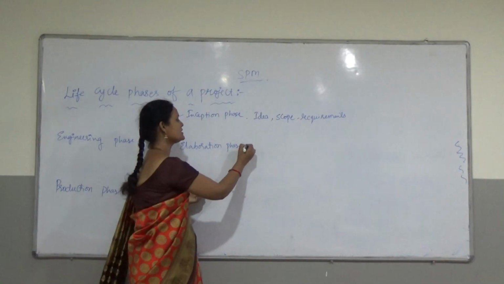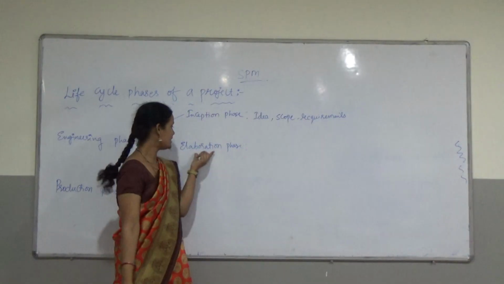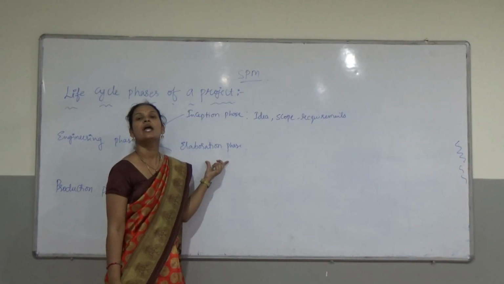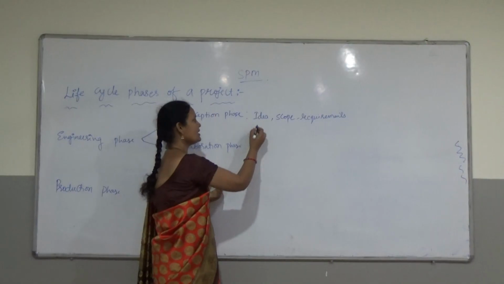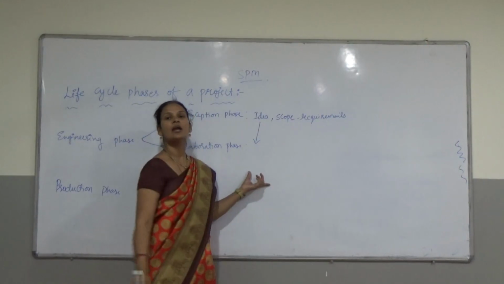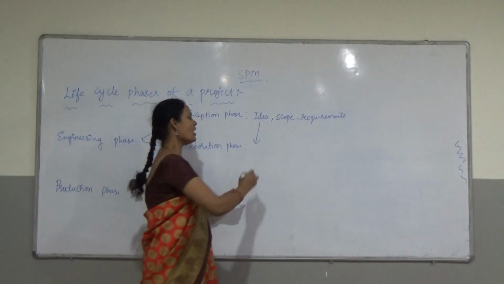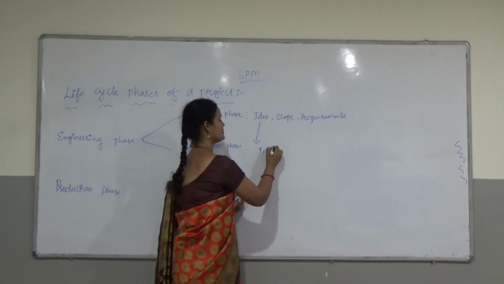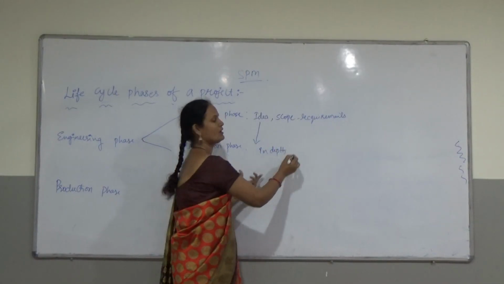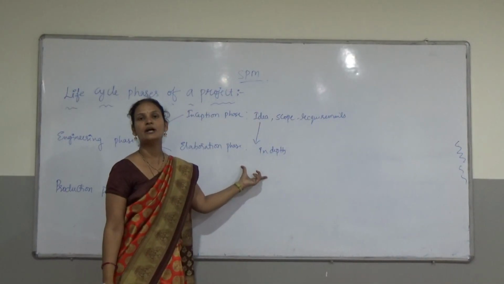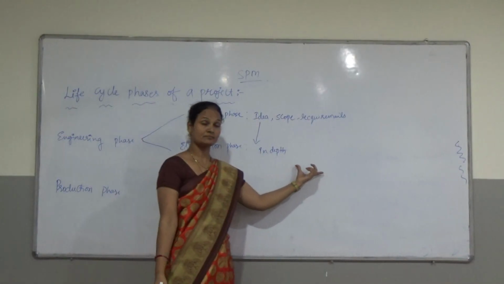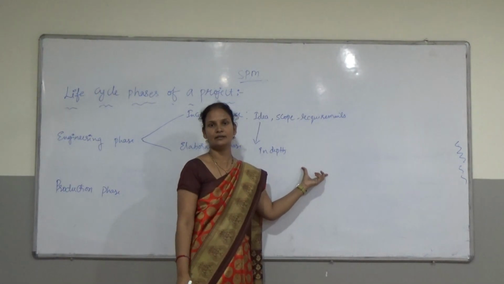The next one is the elaboration phase. The name itself tells us that we are elaborating something. What are we elaborating? This idea can be elaborated further, in depth. We divide the idea further in depth to achieve how the project can be done.